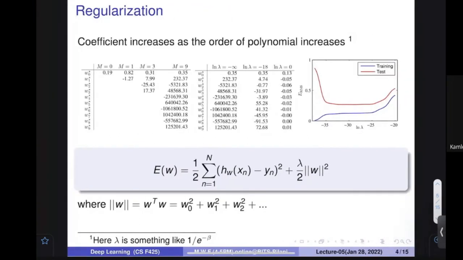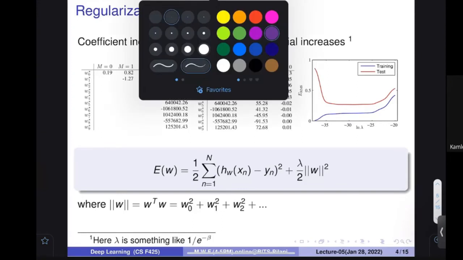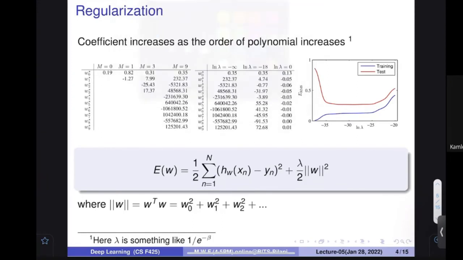And you may be thinking, sir, we are in a very problematic condition here, because we don't know the exact value of m. You can ask me this question: what is a good value for m?